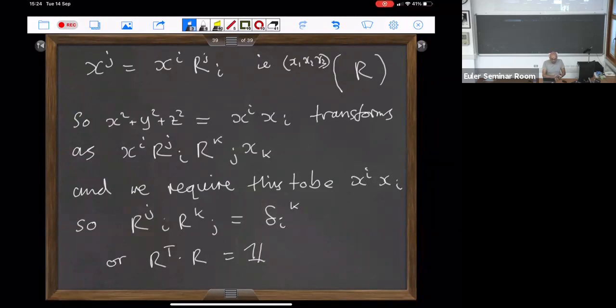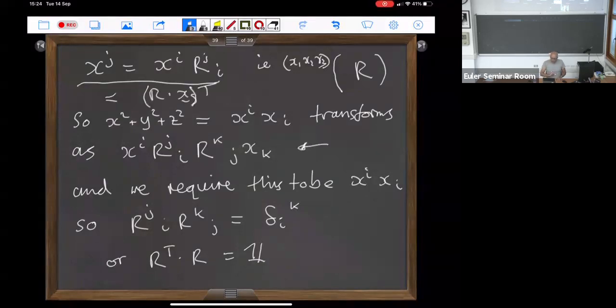So a row vector is naturally acted on by matrices from the right-hand side, because this here is just R dot x, transposed, and transposing reverses the order. So the quantity of interest, which is the sum of squares, transforms into this quantity here.